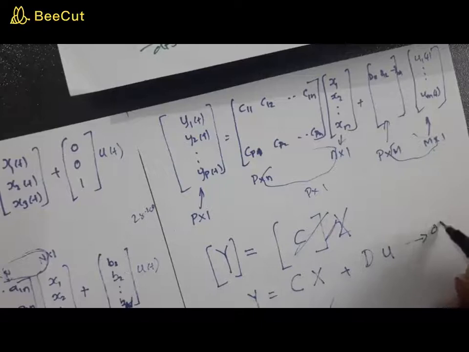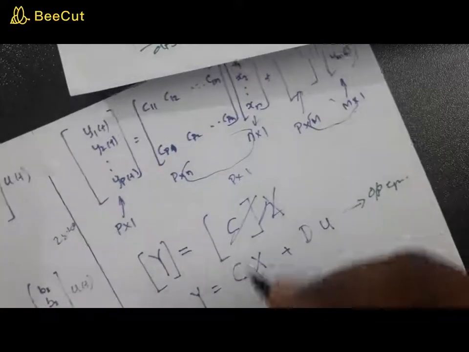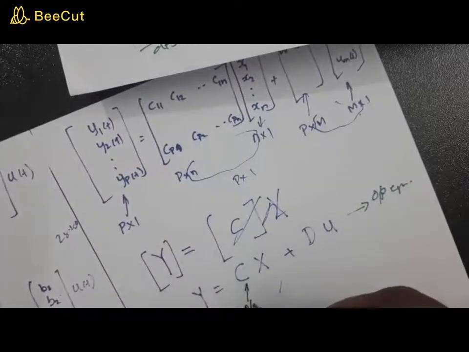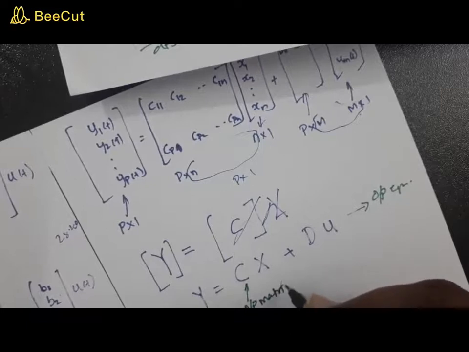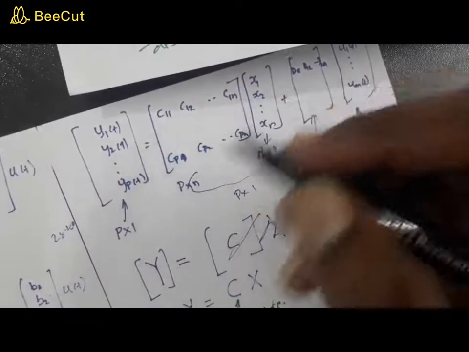This is called the output equation, and this matrix C is called the output matrix, which gives you an idea about how the output is to be.